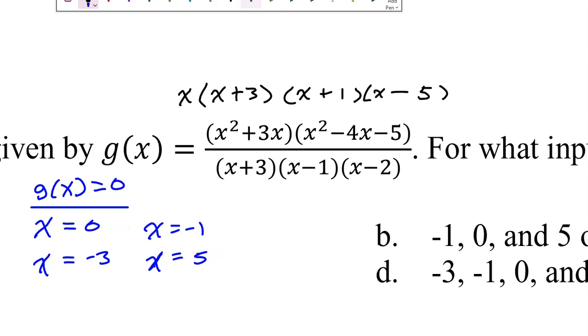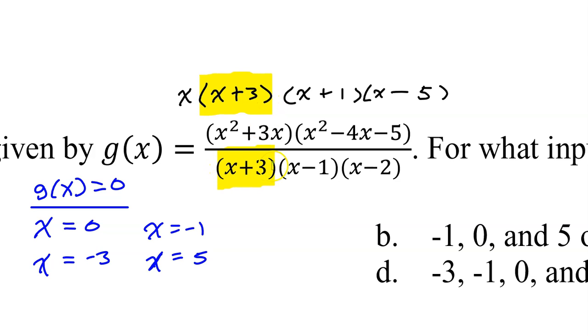Well, the key is the fact that one of these factors appears in the numerator and the denominator. This x plus 3 here shows up in both places. This is no good in terms of the zeros of this function, because g of x is undefined at x equals negative 3, because that would cause a 0 in the denominator.